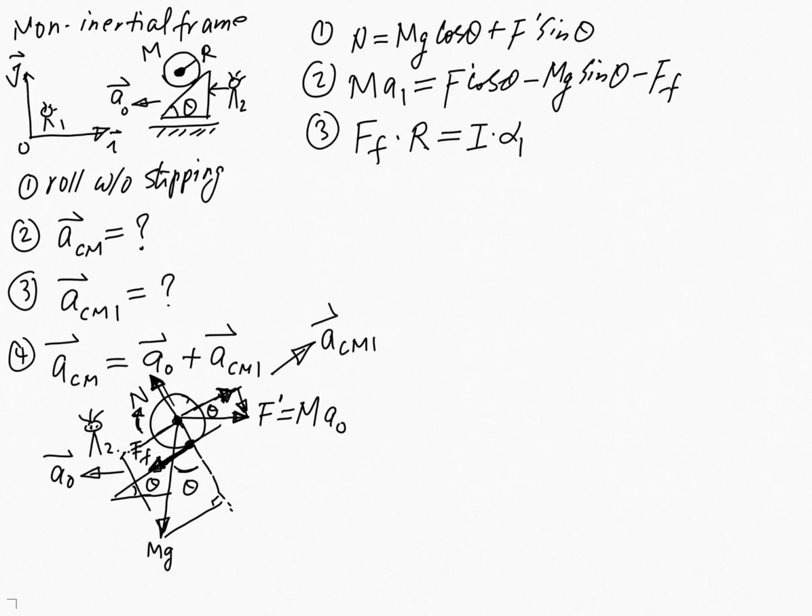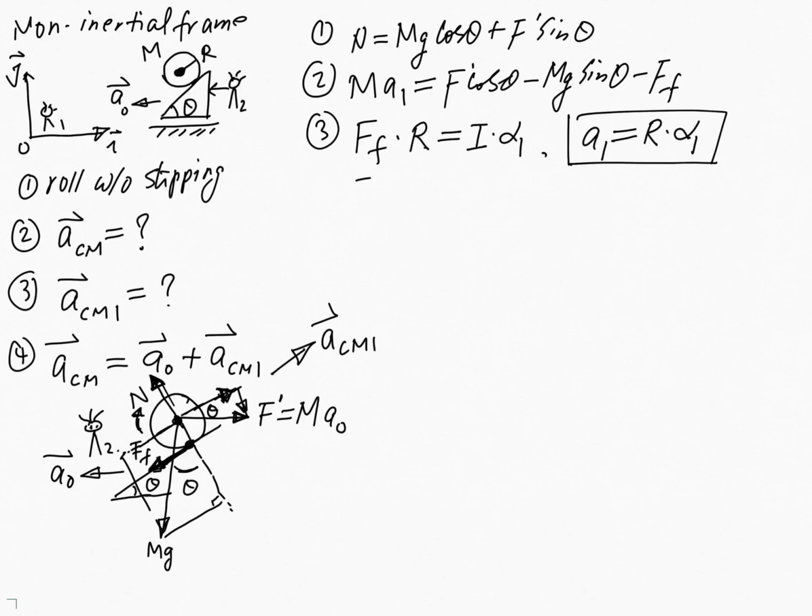Alpha 1 is the rotational angular acceleration, because the cylinder is rolling without slipping. So the angular acceleration is related to the linear acceleration. Linear acceleration A should equal R times angular acceleration. That's the condition for rolling without slipping.